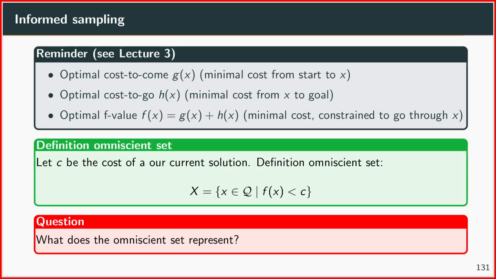So the f value, I think it's best to think about it as the cost of the optimal path which has to actually go through x. And if this optimal path which goes through x has a lower cost, then it can actually still be one of the configurations which lies on an optimal solution path. And everything which is outside there cannot be on an optimal path, because the optimal path through this node here is bigger than c, and then it cannot actually improve the solution cost anymore.